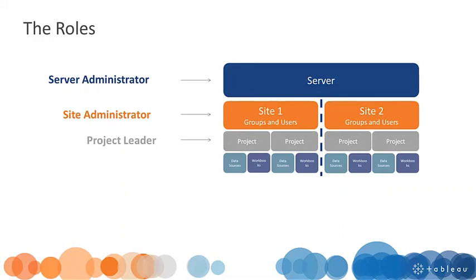A site administrator, on the other hand, is fundamentally concerned with the structure of any given site on Tableau Server, including creating projects, adding users, organizing users into groups, and giving groups permission to access certain projects. Project leaders are effectively the content administrators for any given project, so it's important that they understand how permissions work in Tableau, along with Tableau content management best practices.